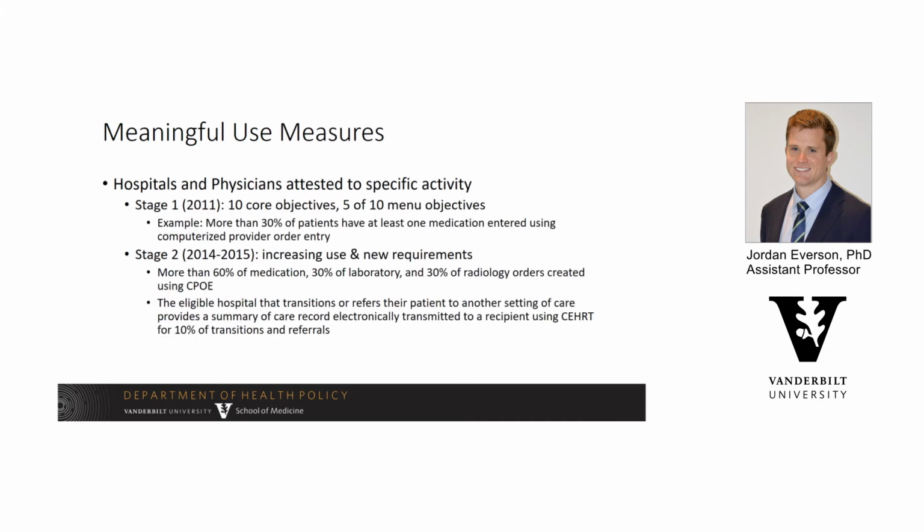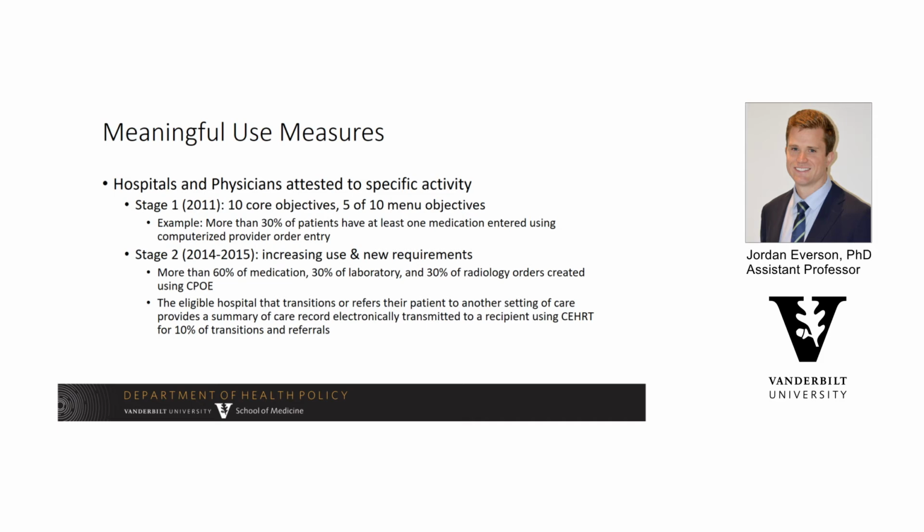These are, of course, available online, but to give you a sense of what these stages look like, in 2011, stage 1, hospitals were required to attest to 10 core objectives and 5 of 10 menu objectives. An example of a core objective was that more than 30% of patients have at least one medication entered using computerized provider order entry. Stage 2, a few years later, increased the requirements within these categories and also created new requirements.